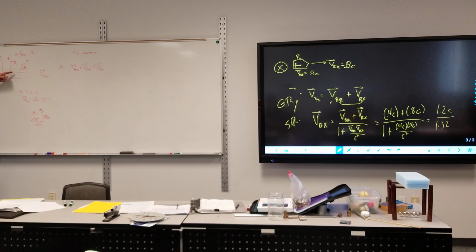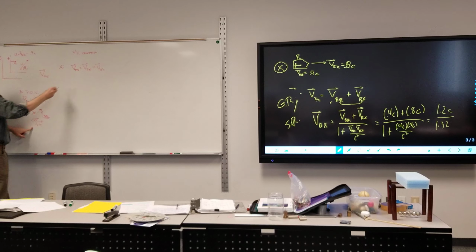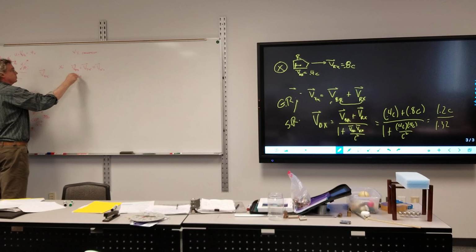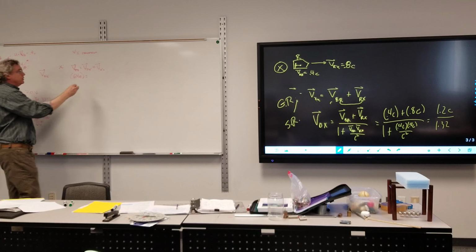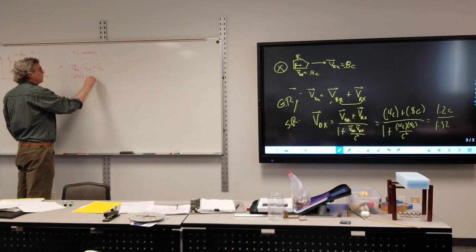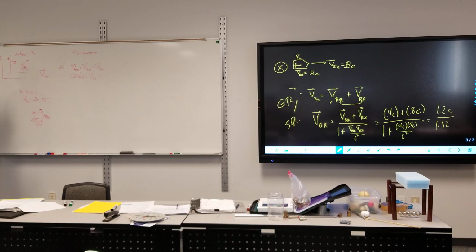The velocity of the particle with respect to s is 0.64 c. The velocity of the particle with respect to s prime is what I'm trying to figure out. And the velocity of s prime with respect to s is 0.9.